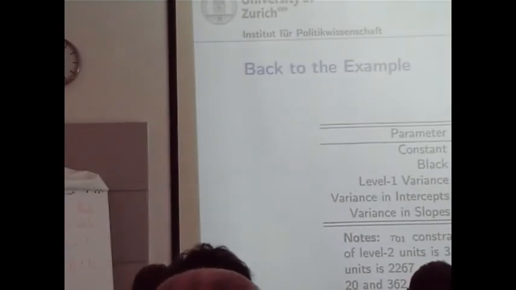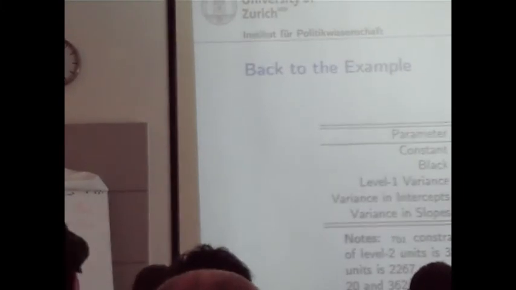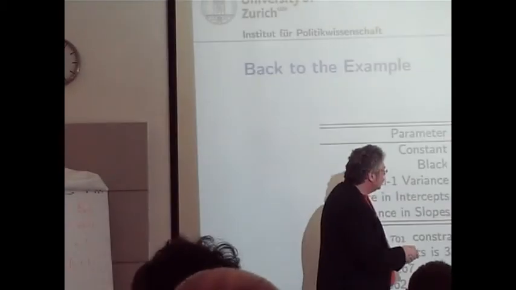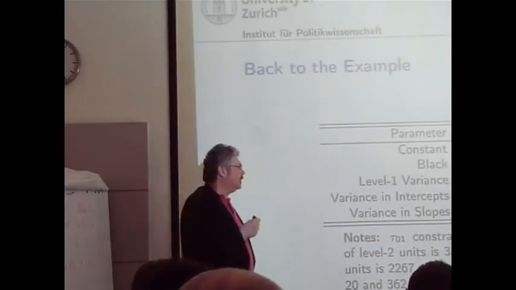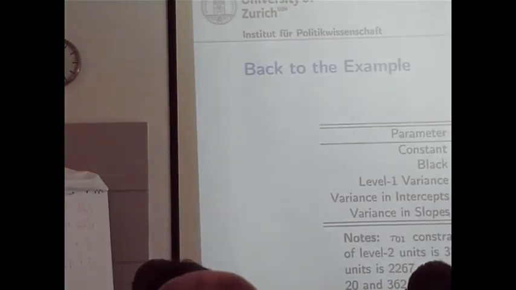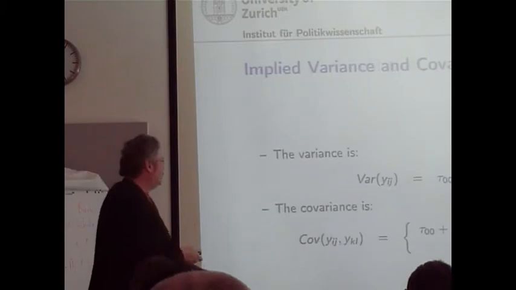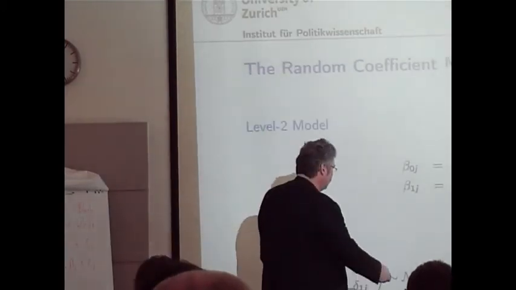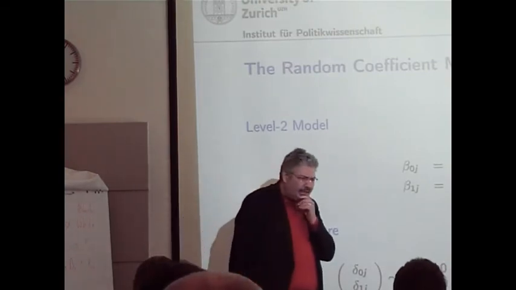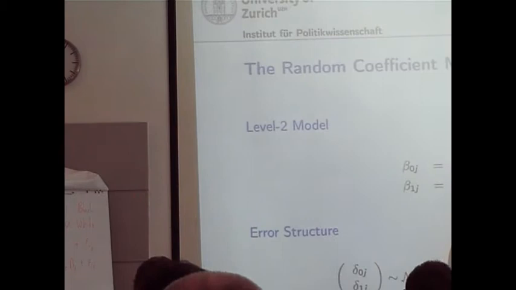So here is what I did in my example. In this example, I need to explain something: I ended up not estimating this covariance. And why not? Because I don't think it was identified.